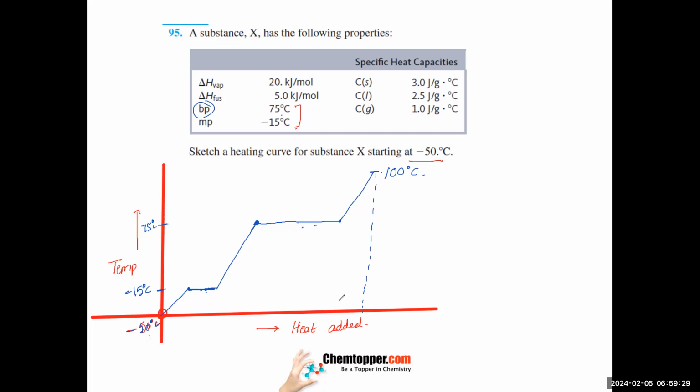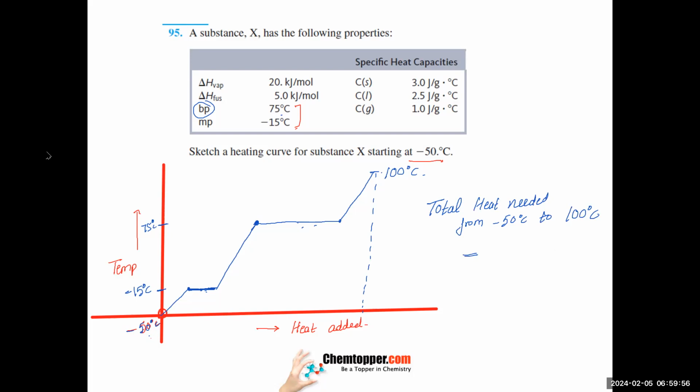Okay. Now to calculate the total heat needed. This question I'm making from my side. From minus 50 degrees Celsius to 100 degrees Celsius, how much total heat is needed? I will add all these heats.